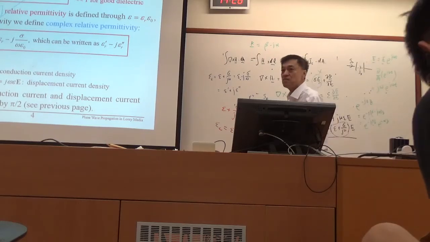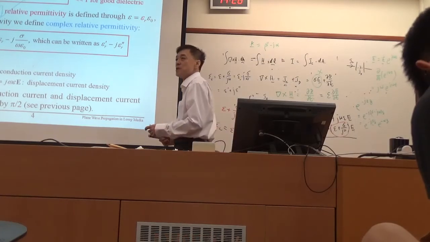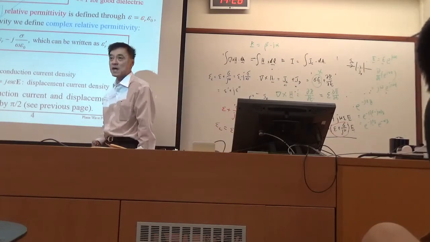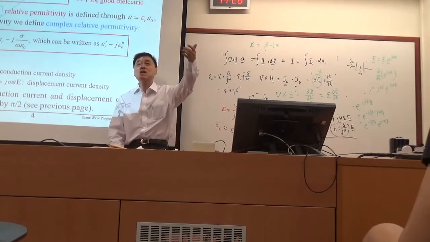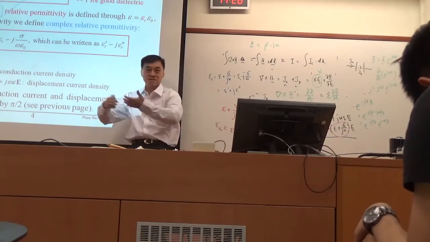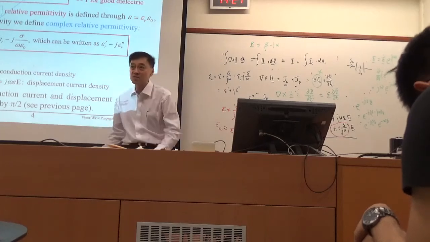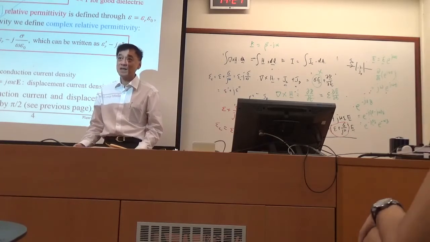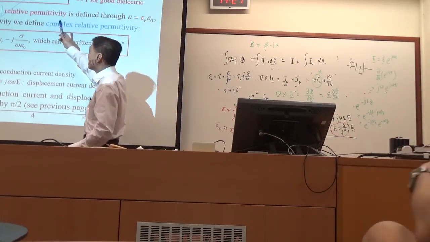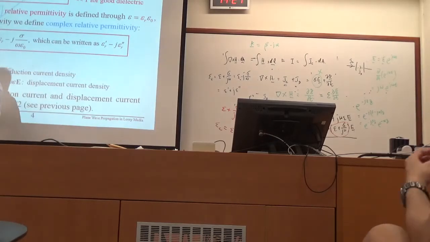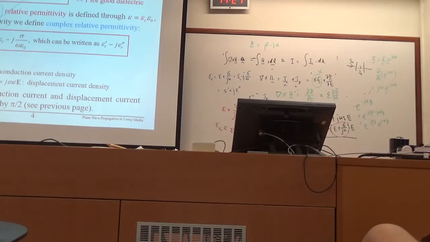So the loss tangent is the ratio between your conduction current and displacement current, right? Of course, conduction current greater than displacement current is a good conductor. Conduction current less than displacement current is a good dielectric. Obviously, right? Alright?